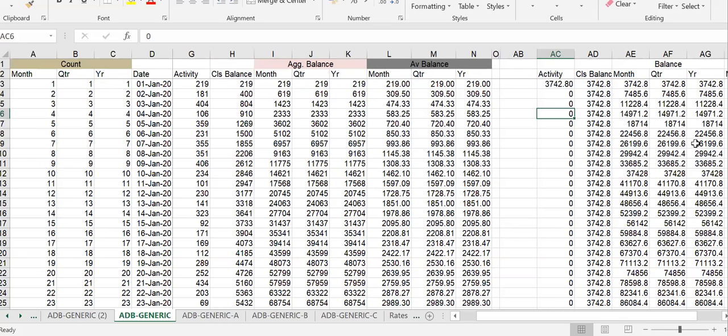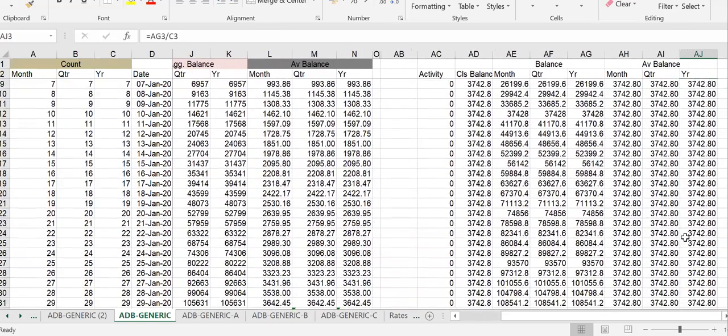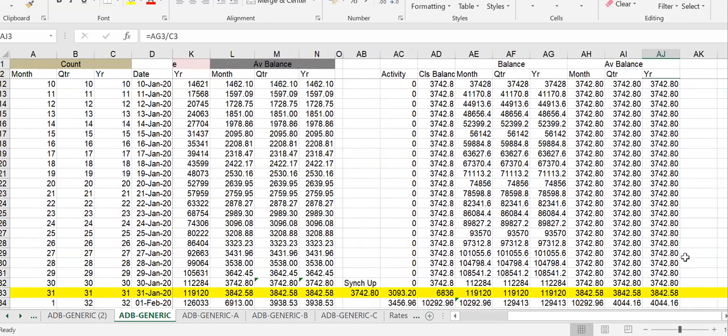How? I will show you. The same calculation that was here, I have put here also. And we can see the monthly average balance here is 3842.58. The same amount got maintained.